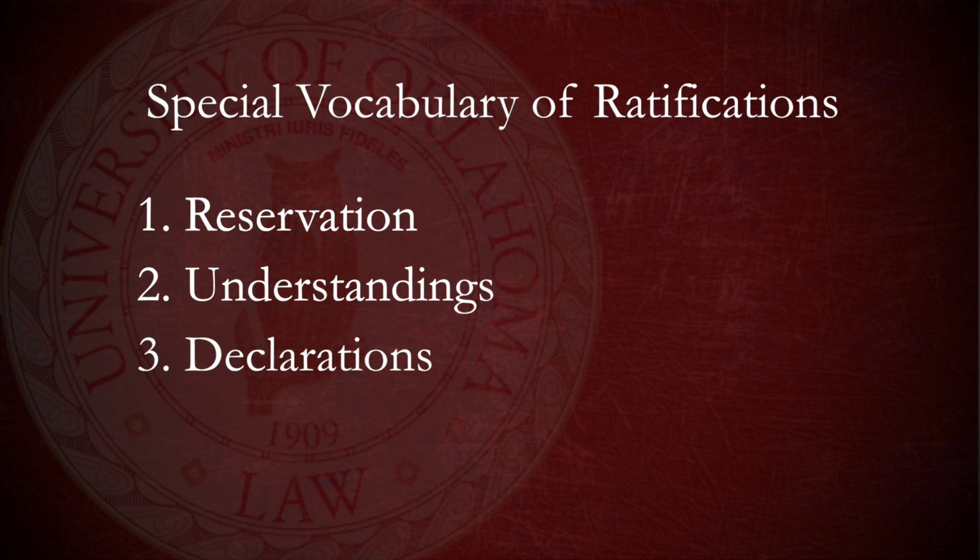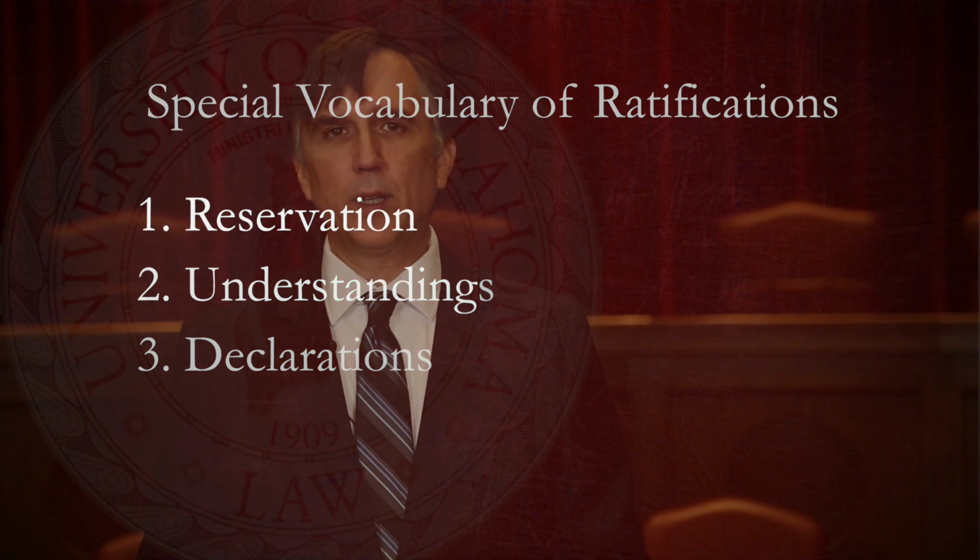And I'm going to give you examples of each of these, tell you what they are and give you examples of each of these. And these will play a role in the UN DRIP as well, in the US and other states. So a reservation is a provision that says, we like most of the treaty, but we don't like that line. So we're going to agree to be bound by all of it except that line. That's a common form of reservation.